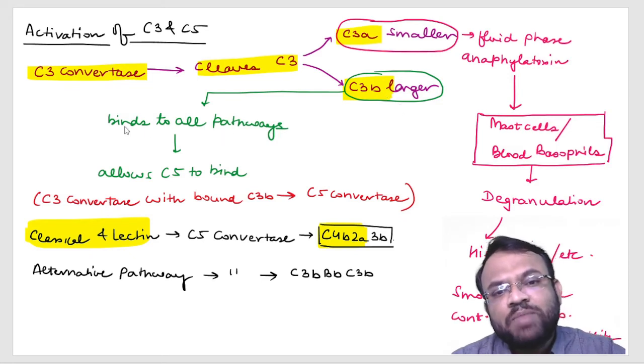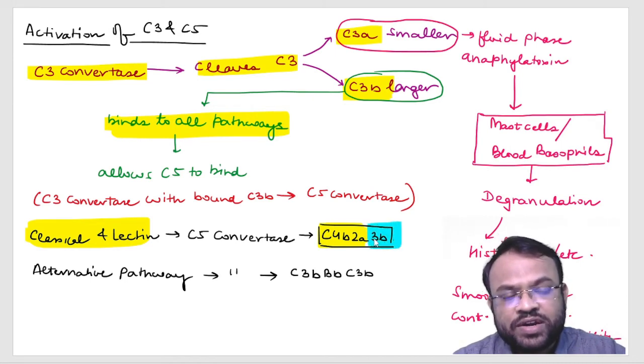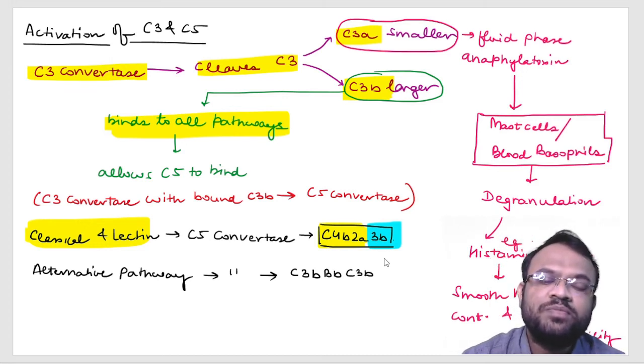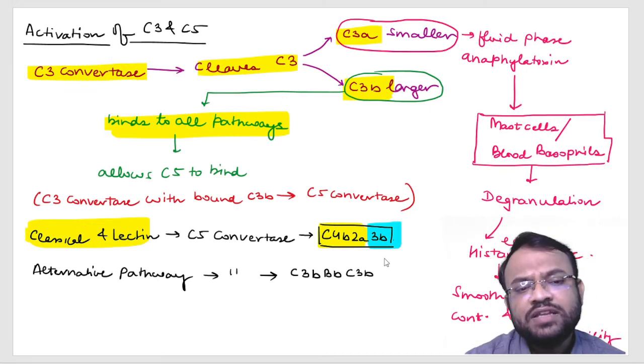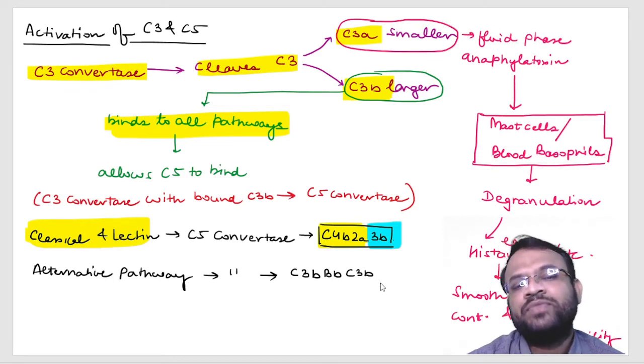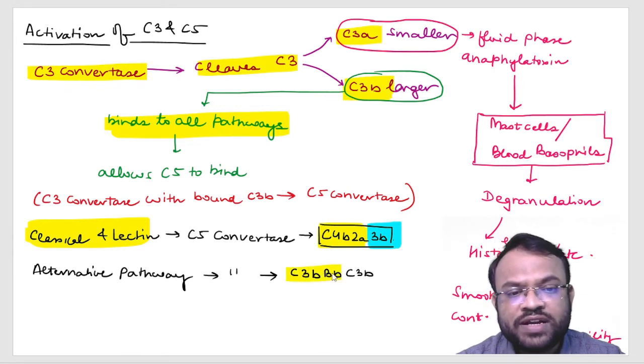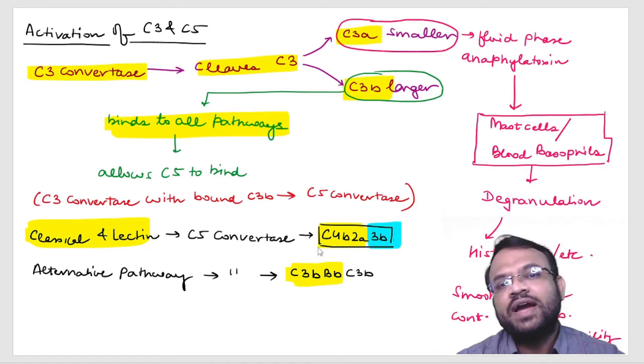C3b will bind to all the pathways. If I consider the classical and lectin pathways, C3b will come and bind over here. It will bind to C4b2a, and the complete thing will be called C4b2a3b. In the alternative pathway, you would know that we ended with C3b,Bb. Now what will get added?